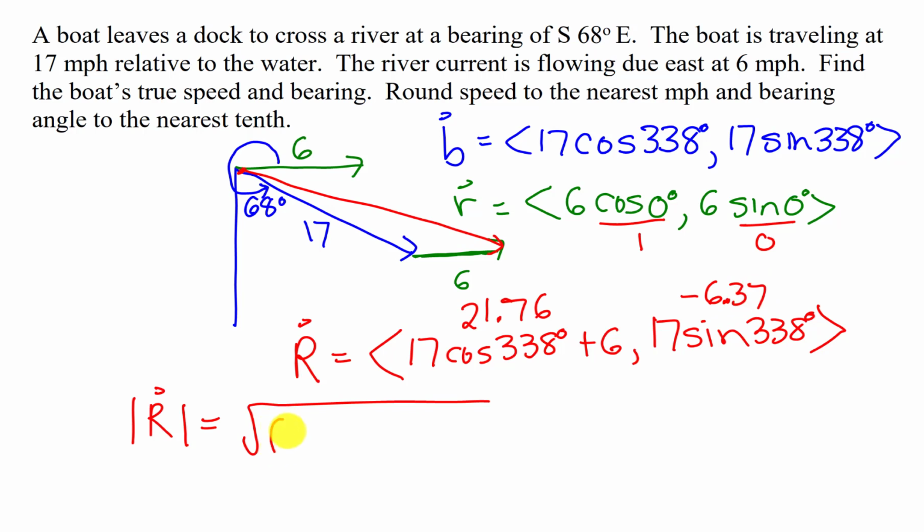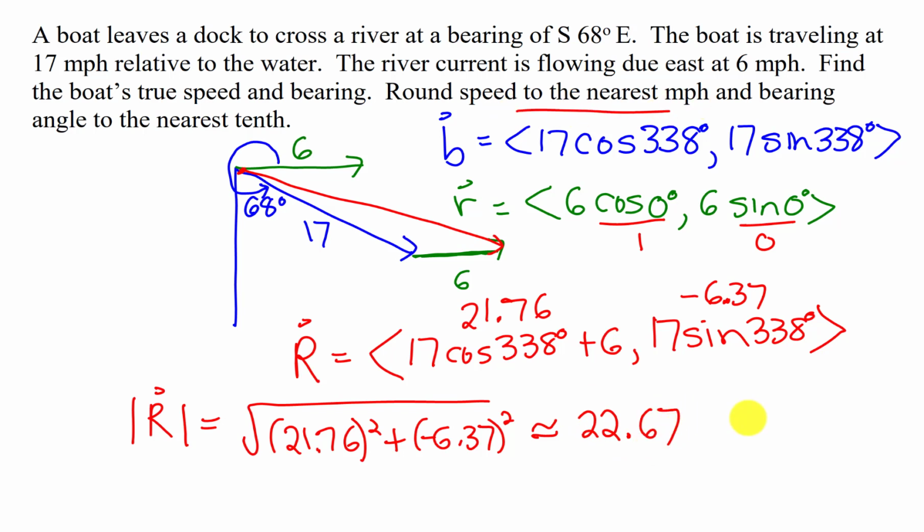So we're going to take those values and square them, add them together, and square root them so we can find the magnitude of the vector. 6.37 squared. And it looks like I get 22.67, carrying it to a couple places here. Now, it says nearest mile per hour, so we'd say 23 miles per hour.